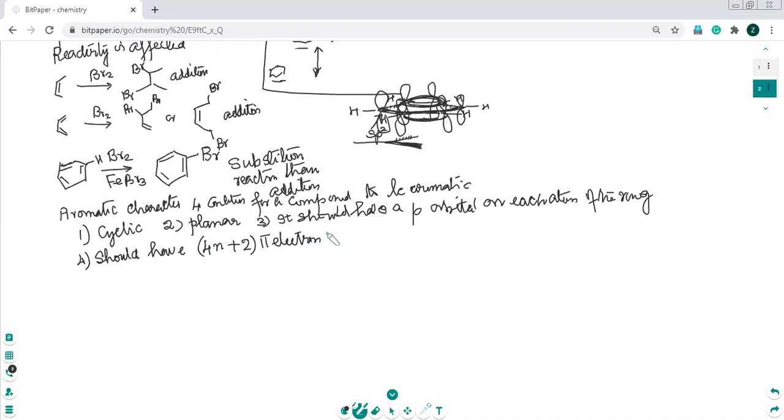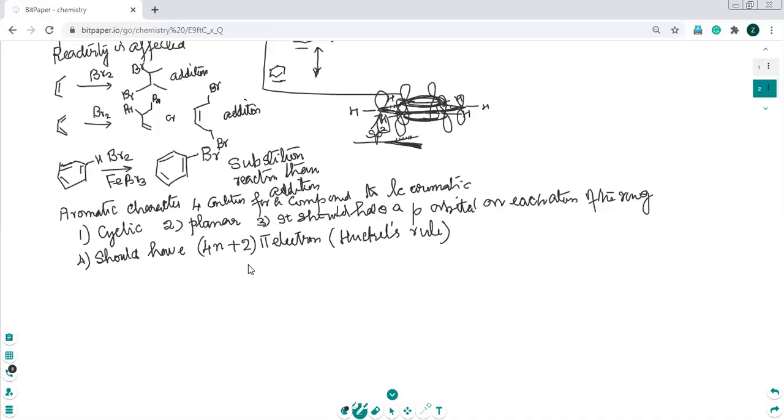This fourth condition is known as Huckel's rule. So these are the conditions for aromaticity: planar, cyclic, containing p orbitals, and 4n plus 2 pi electrons.